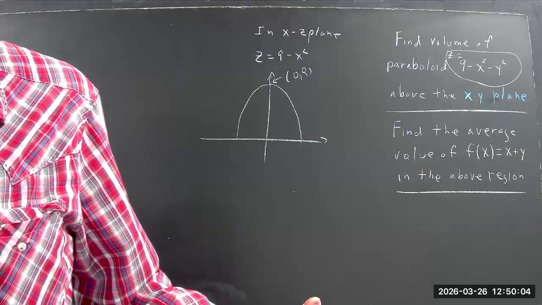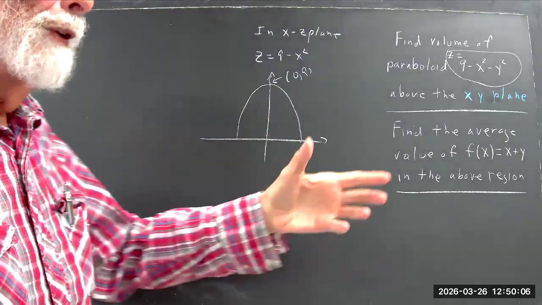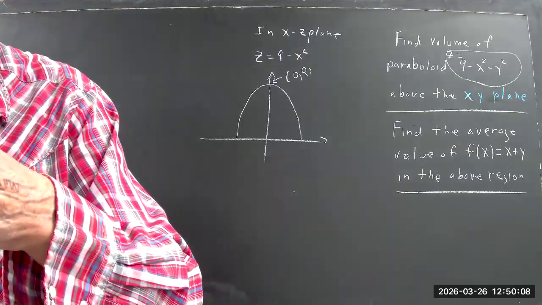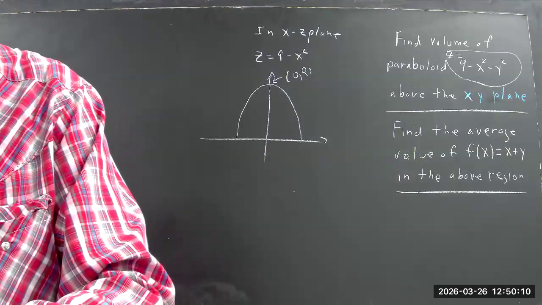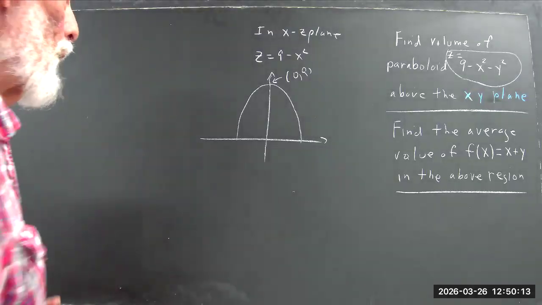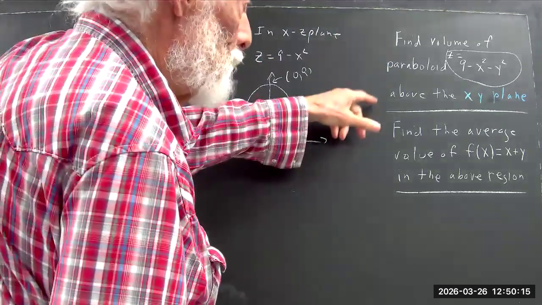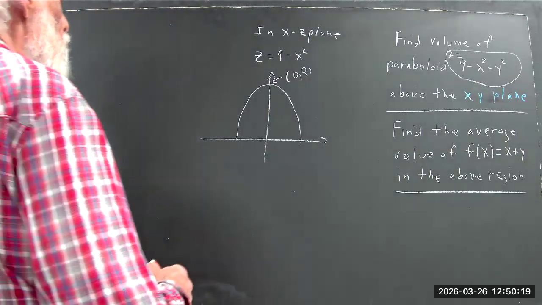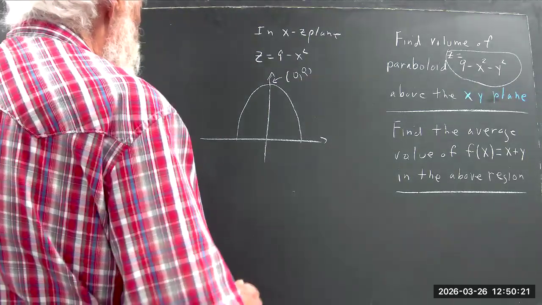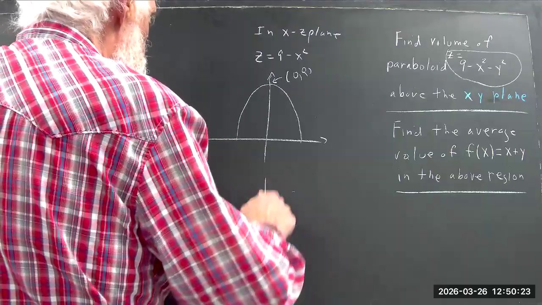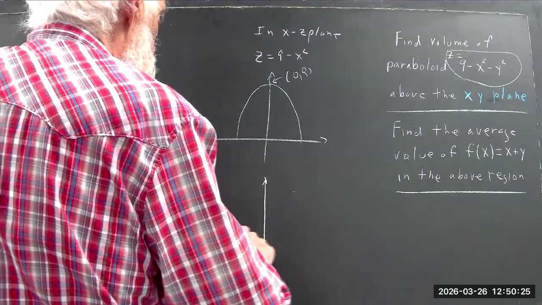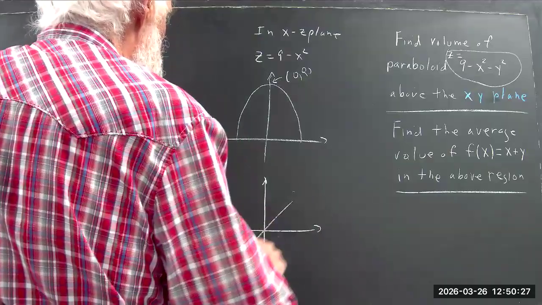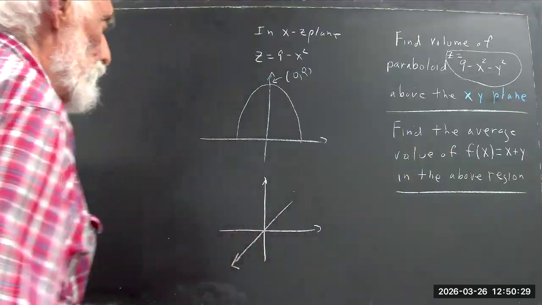Okay? Now we have to be able to describe that region ultimately in inequalities. Just to build up to it, we're going to take a quick look at the three-dimensional region.